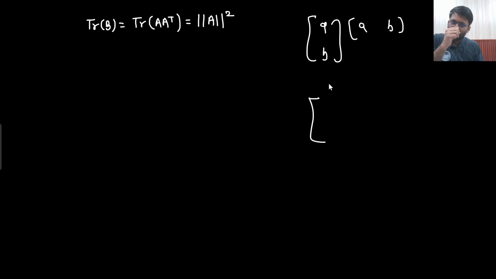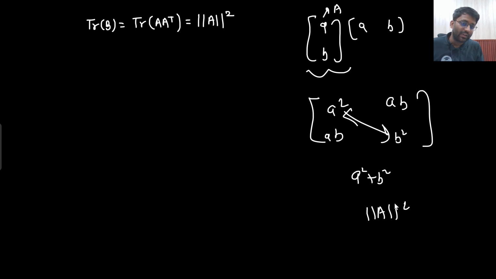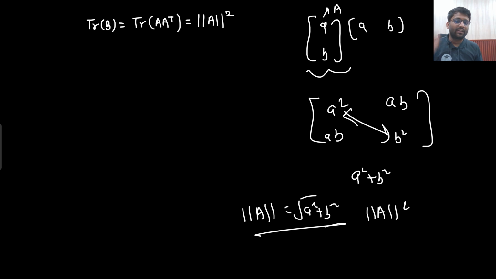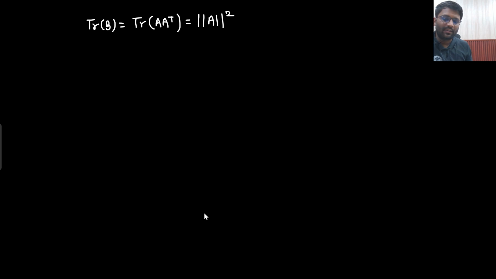Do the multiplication: A square, AB, AB, and B square. What is the trace here? Trace is A square plus B square. Isn't it the length of A square? Because the length of A was nothing but under root A square plus B square, right? So this is what the trace would represent. And trace would represent the addition of all the eigenvalues.